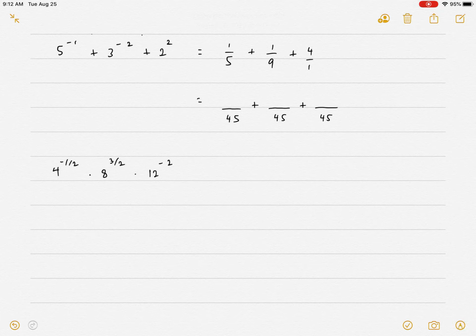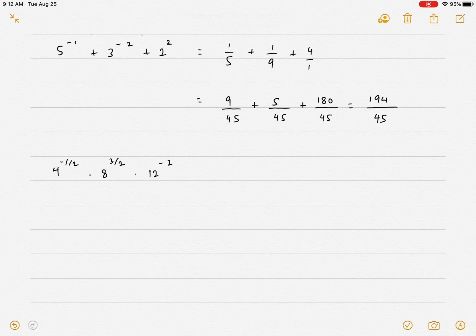Five goes into 45 9 times. 9 times 1 is 9. 9 goes into 45 5 times. 5 times 1 is 5. 1 goes into 45 45 times. 45 times 4 is 180. Since I have the same denominator, I can combine these. 9 and 5 make 14, and 180 makes 194.